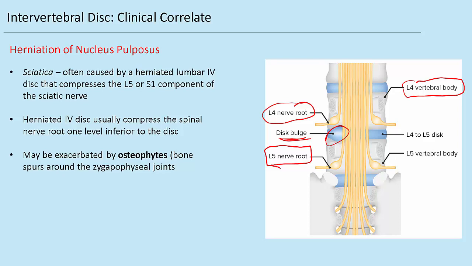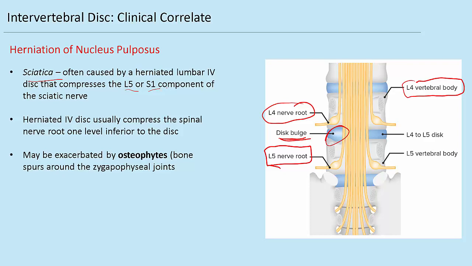I mentioned this in lecture, but of course a common symptom that we see is sciatica, and that's typically caused by a compression of either the L5 or the S1 component of the sciatic nerve. It will have multiple components when we get to the sacral plexus later on, but it's usually one of those two nerves that gets compressed.